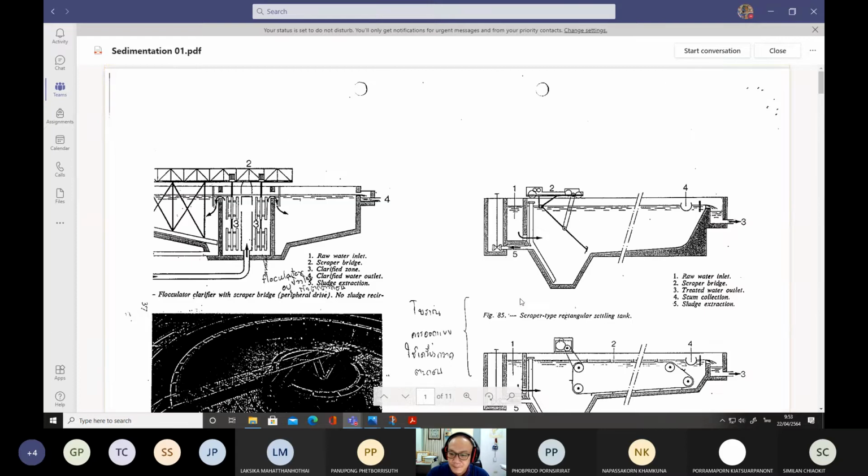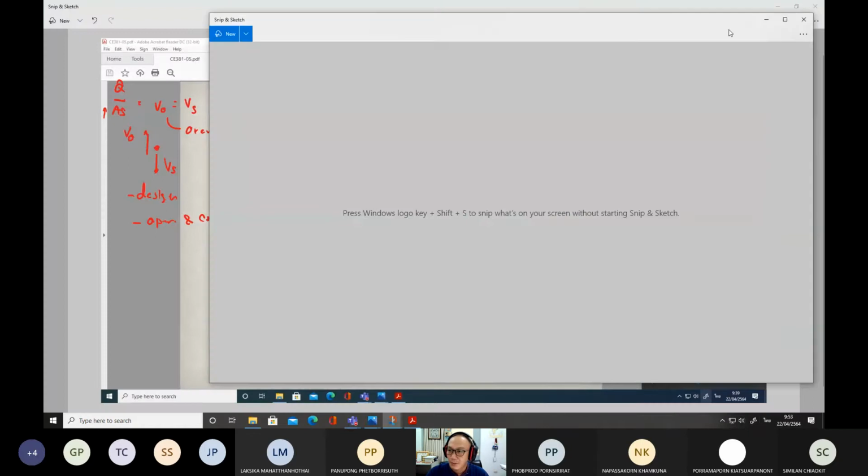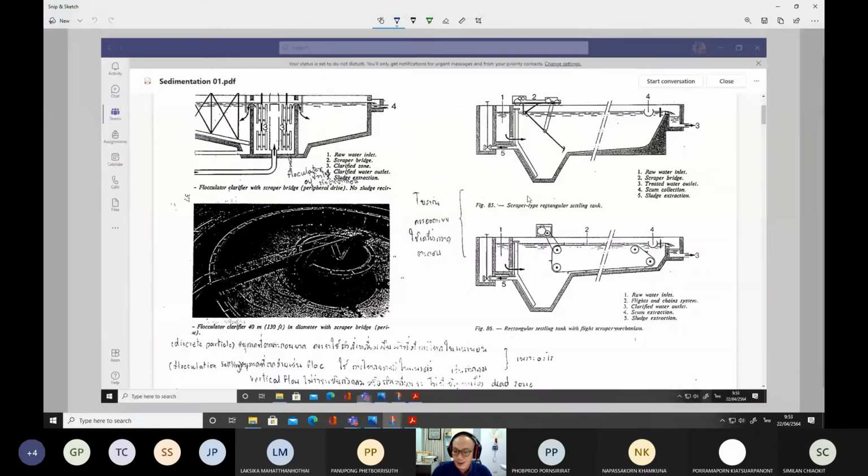So these two are the horizontal flow sedimentation tanks. Basically, just have a look at these figures, figure 86. Water gets into the chamber through the inlet, and then the settling zone is around here. This is the settling zone of this horizontal flow sedimentation tank.